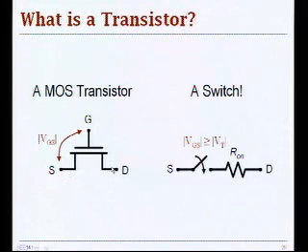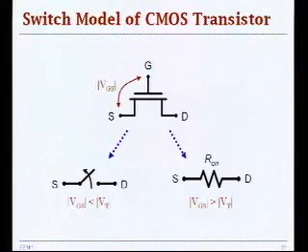And when VGS is less than VT, your switch is off. Simple as that. So that's a switch model. You have VGS less than VT, the switch is open. VGS greater than VT, you have equivalent resistance between source and drain.